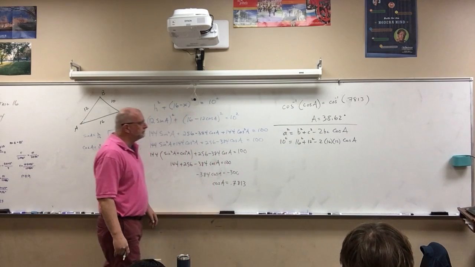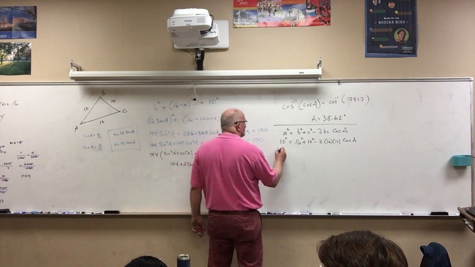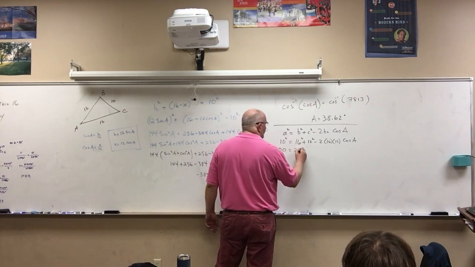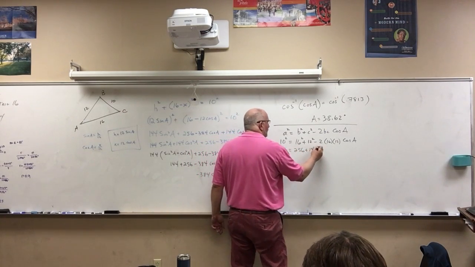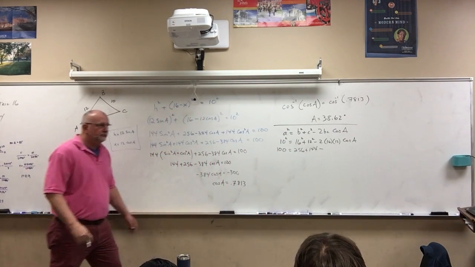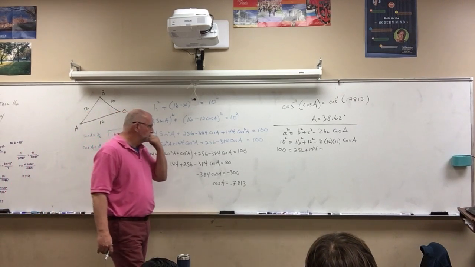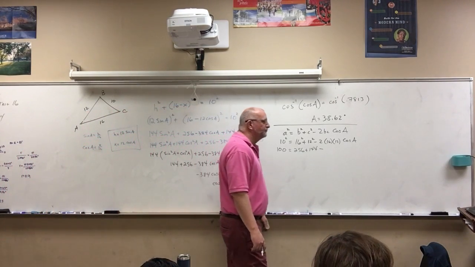So I have 100, 256, 144, minus, what's 2 times 16 times 12? 384.